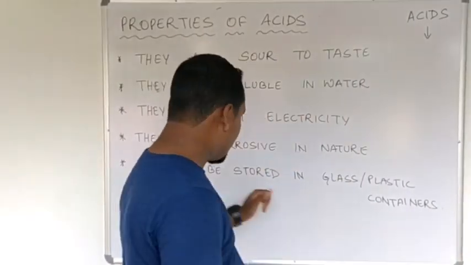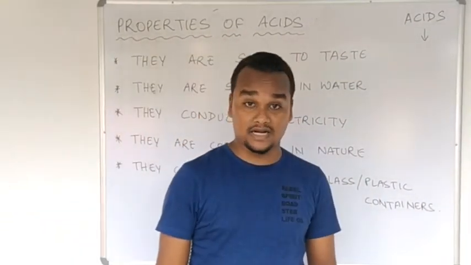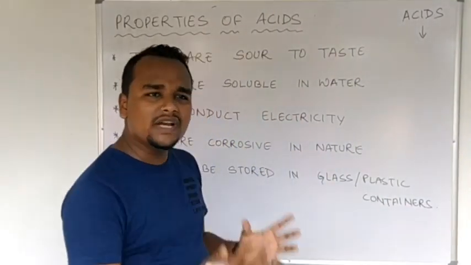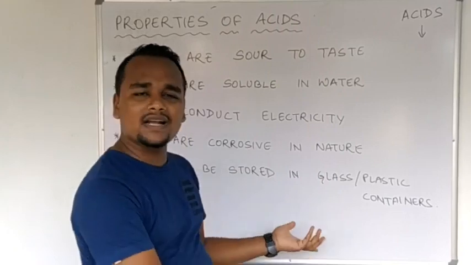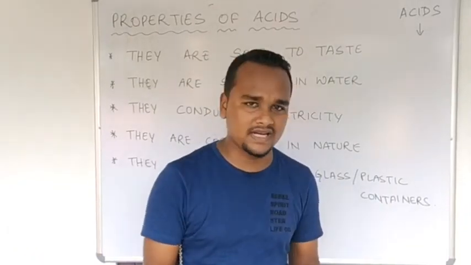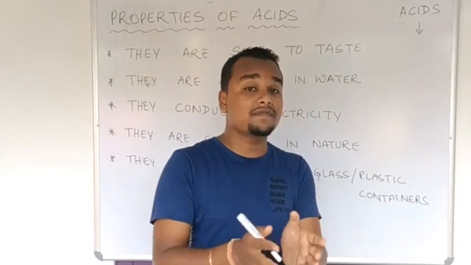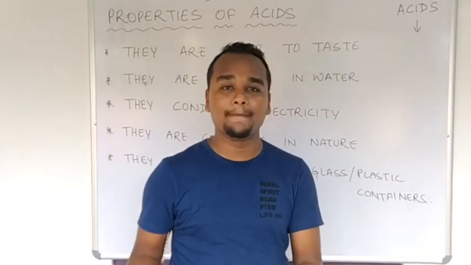So the mineral acids are stored in a glass container, and the naturally occurring acids can be stored in either a glass or a plastic container. But there shouldn't be any doubt about storing acids in any metal containers.